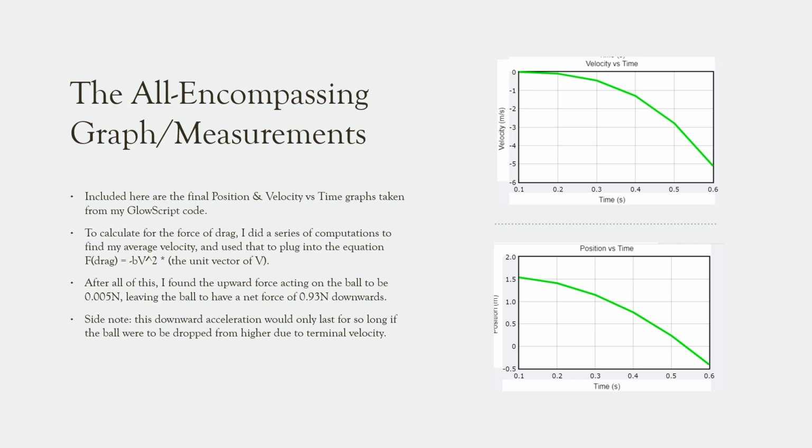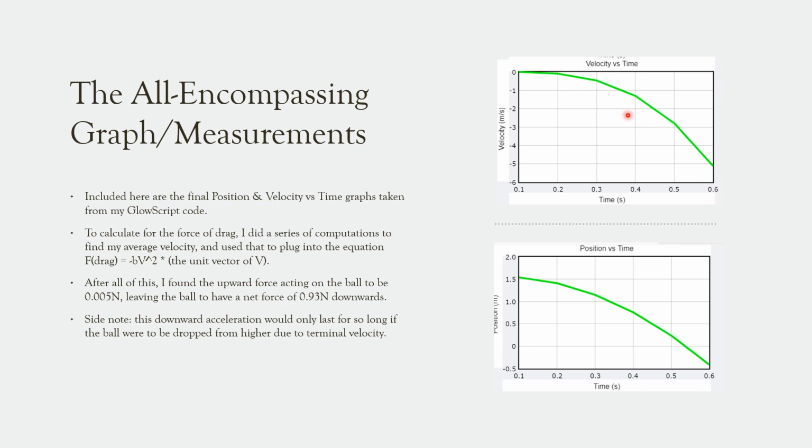After calculating all of that, I found that the upward force acting on the ball was about 5 thousandths of a Newton, because you have to multiply acceleration times mass, and the mass was so low, that's why the Newtons are so low. So the net force overall was about 0.93 Newtons going downwards, which you can see here with the velocity.